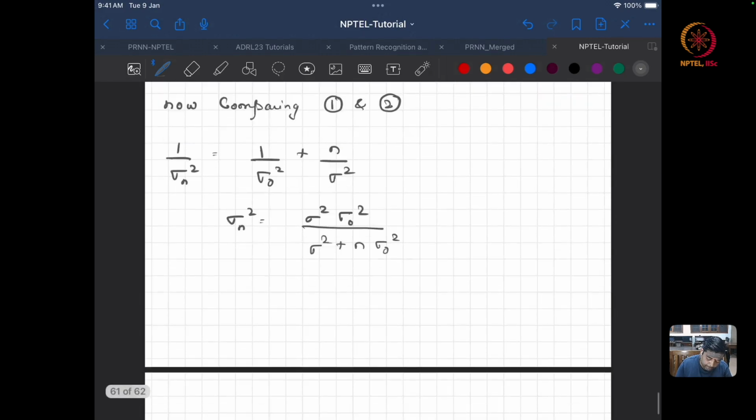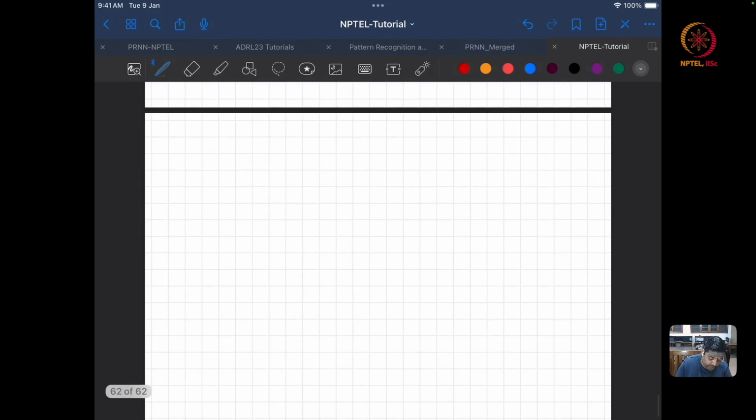Okay, now similarly, if we do it for mu n, mu n divided by sigma n square is summation i equals 1 to n xi over sigma square plus mu naught divided by sigma naught square.